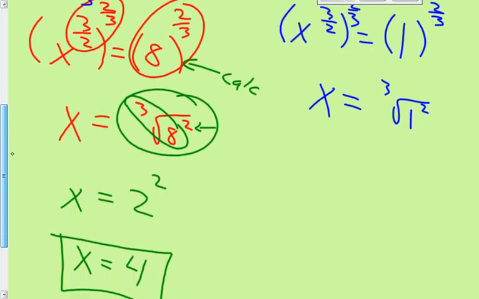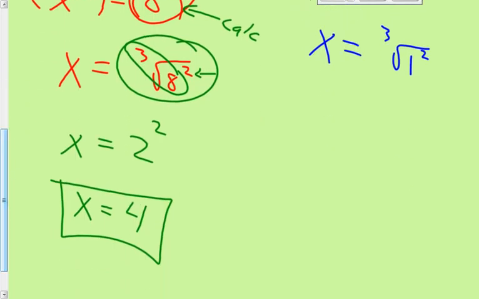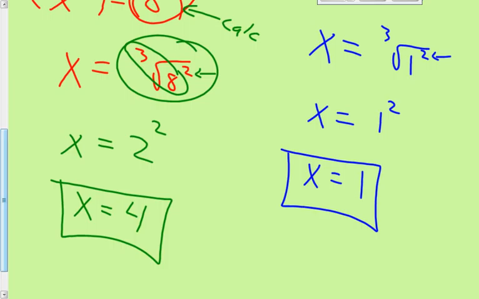What is the third root of 1? 1 times 1 times 1 is 1, so the third root of 1 is 1. So x equals 1, and then we have to square it still. And 1 squared, 1 times 1 is 1. Two answers on this one, x equals 4 and x equals 1.